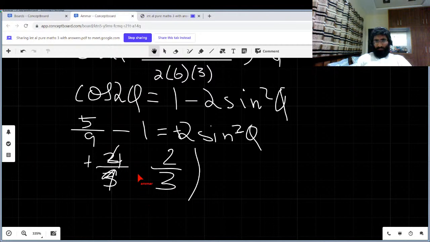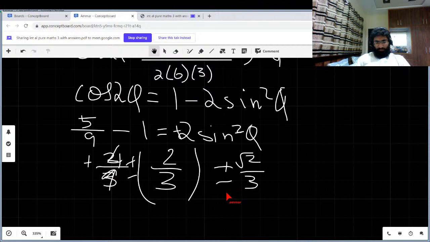Where did the 2 go? Which 2? The one with sine squared theta. Oh, I didn't do it. Oh, yes. I keep doing this thing. Okay, 4/9 divided by 2, 2/9. So root 2/3 plus minus.